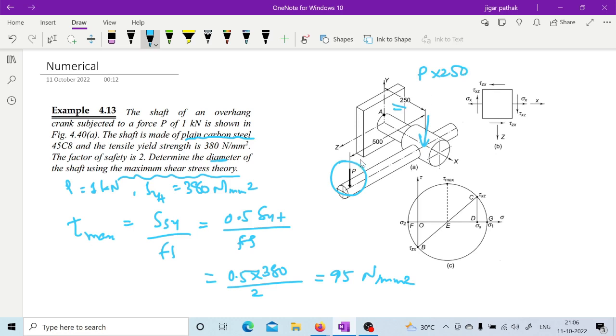For torsion it will be this particular distance. Because you are considering this point A, this force P is going to have a bending moment equal to P into 250, and the torsional moment MT equal to P into 500.